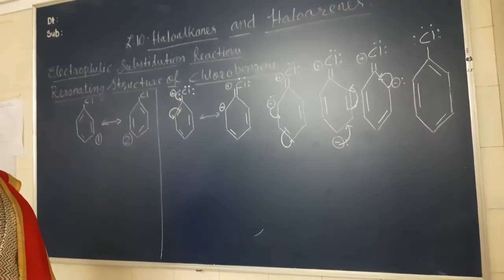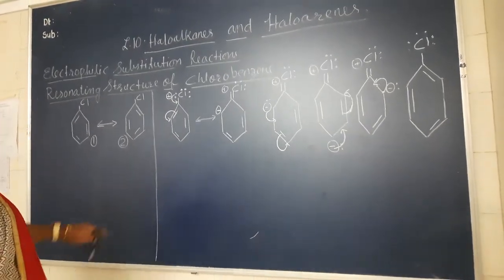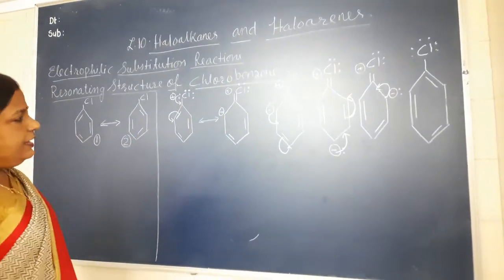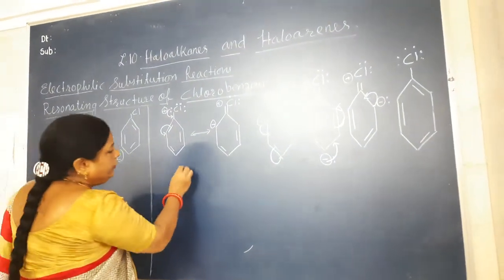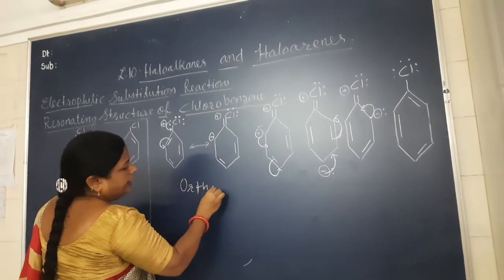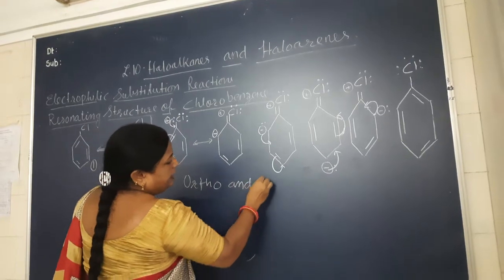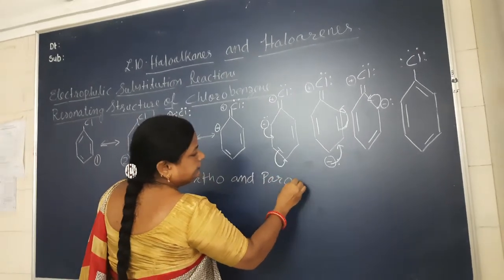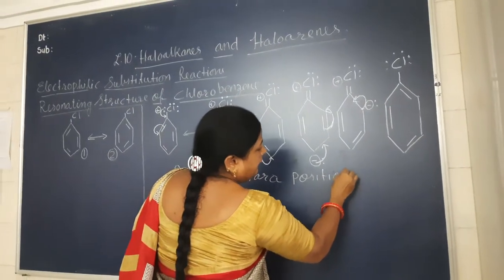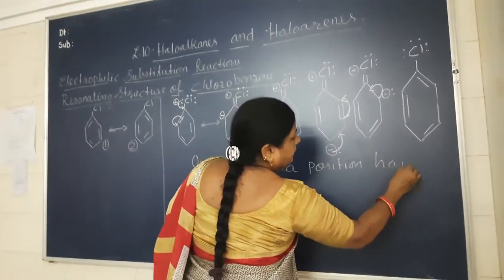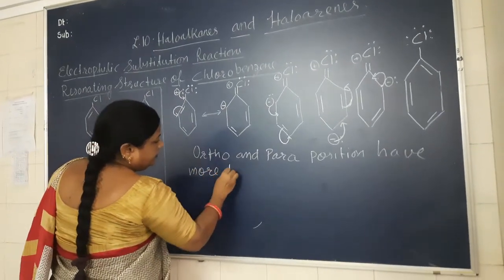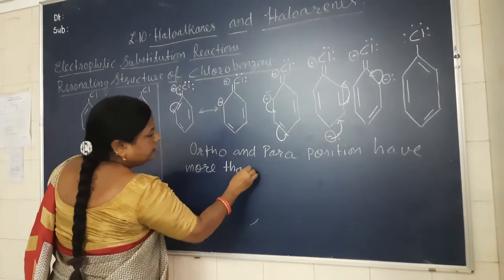Understood? Then what we will see in these structures: chlorobenzene has more electron density on the ortho and para positions. Can you see, children, what I am writing here?